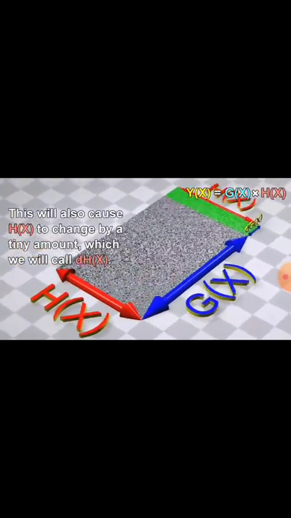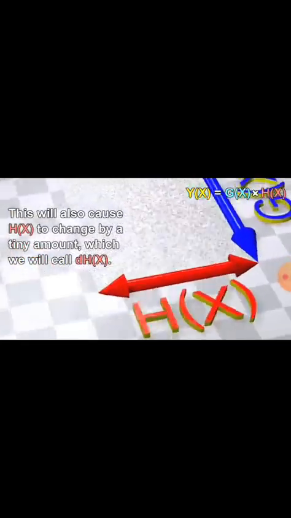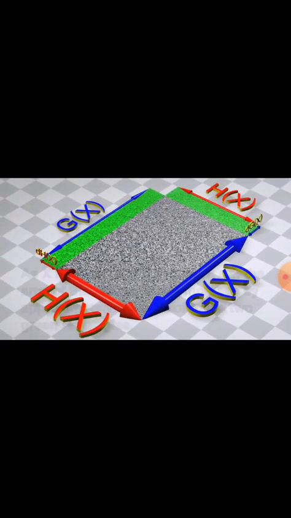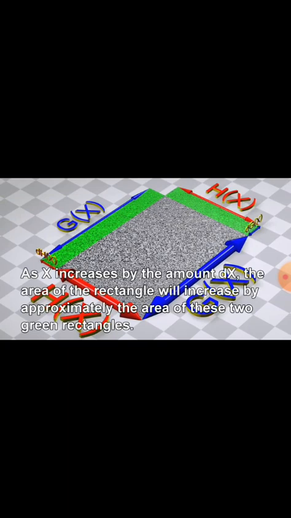This will also cause h to change by a tiny amount, which we will call dh. As x increases by the amount dx, the area of the rectangle will increase by approximately the area of these two green rectangles.